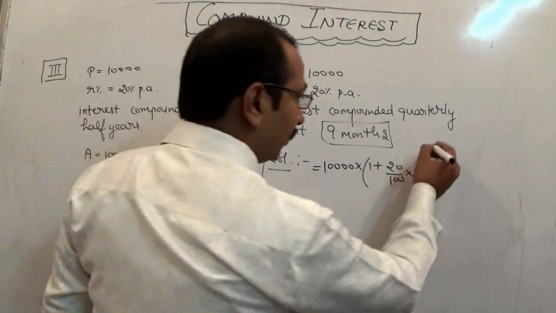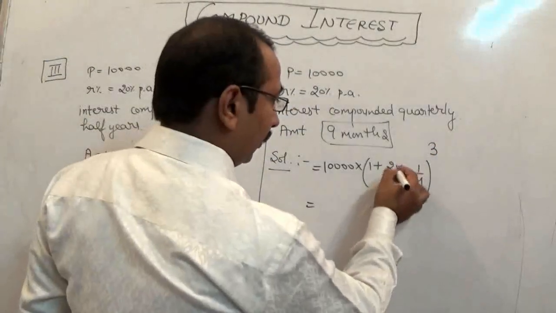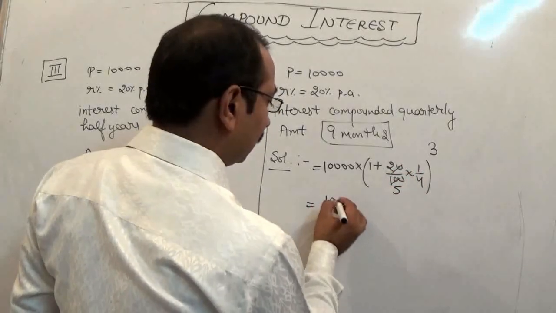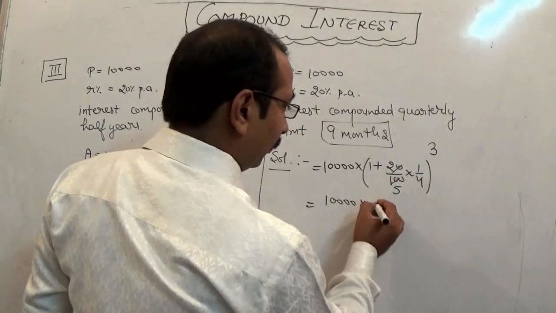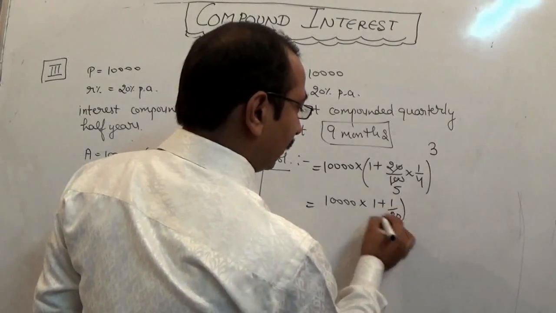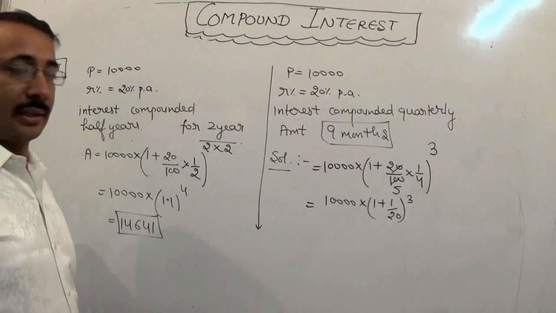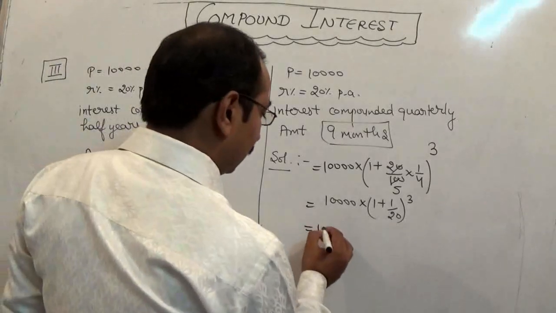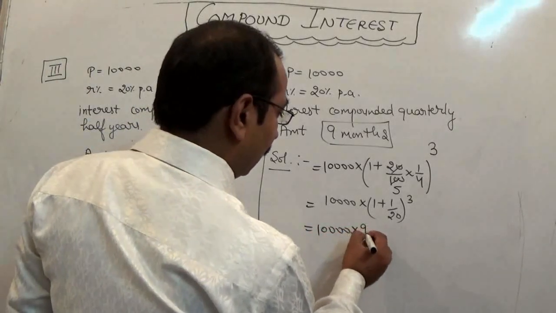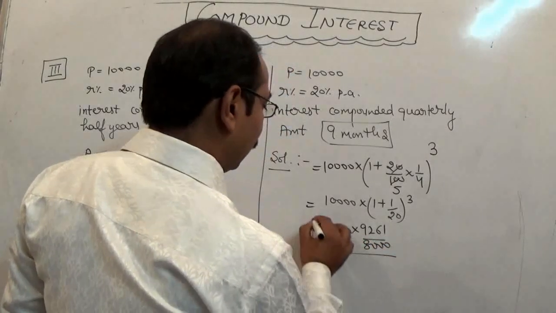So I will make my power 3. Just solve it. It would be 10,000 into (1 plus 1 by 20) raised to power 3, or that would be 21 upon 20. I told you in starting, that would be 10,000 into 9261 upon 8,000. Just solve it and you get your answer.